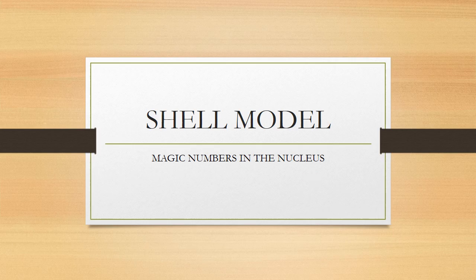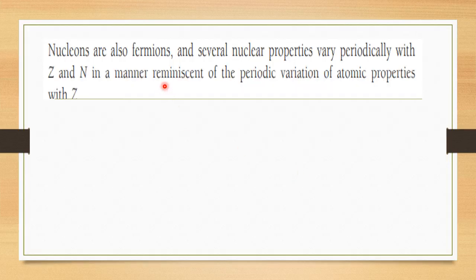Neutrons and protons are also fermions. According to this model, since the nucleons are also fermions, several nuclear properties vary periodically with Z and N, the atomic number Z and neutron number N, in a manner reminiscent of the periodic variation of atomic properties with Z. We know that the outermost configuration, or the atomic number, defines the various atomic properties of an atom.